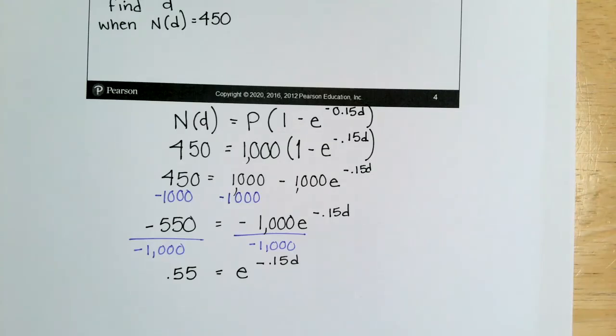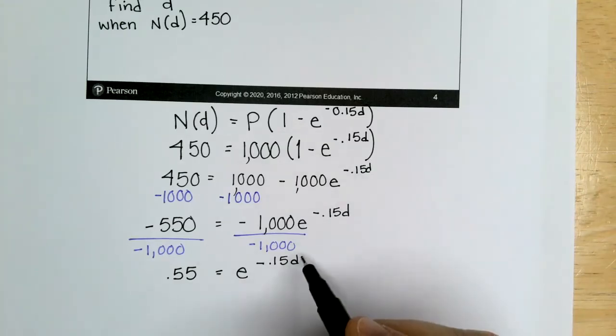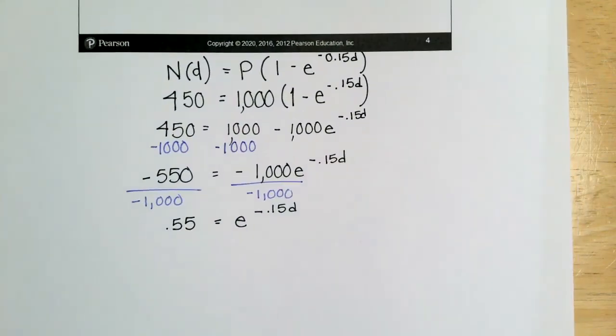Good. Now I have an exponential equation with the variable in the exponent. What do I do? I have to convert it into logarithmic form.